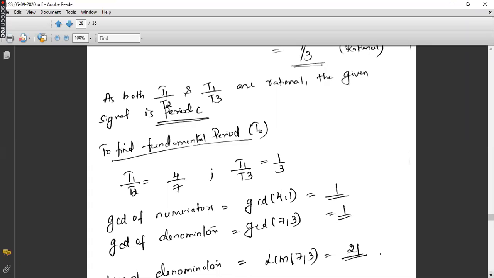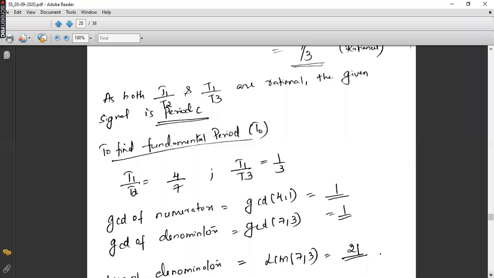You are going to find the HCF of the two numerators, or GCD, highest common factor or greatest common divisor, whatever it may be. GCD of 4, 1. What is GCD of 4, 1?